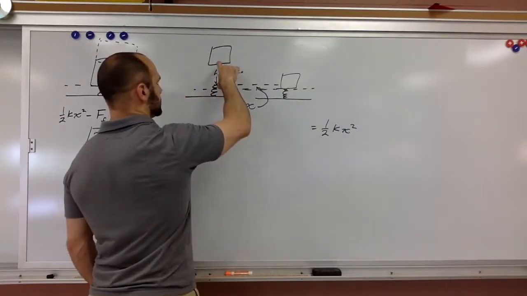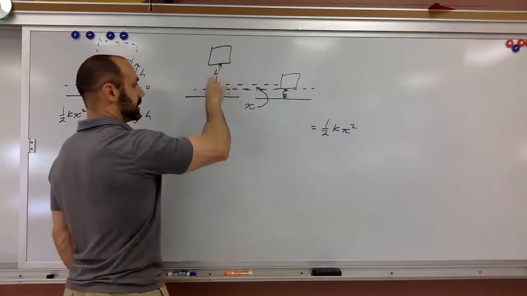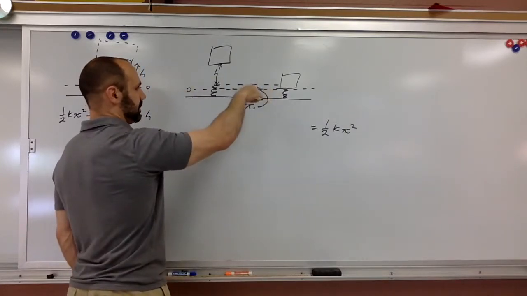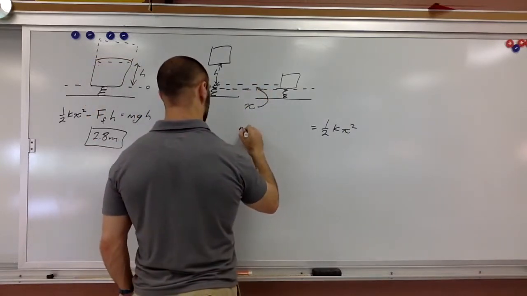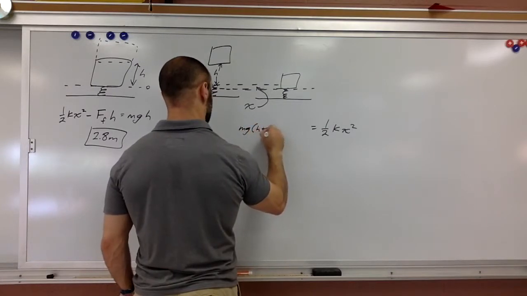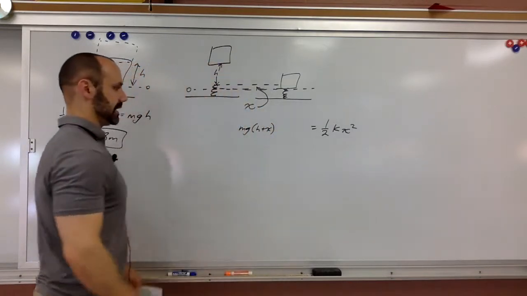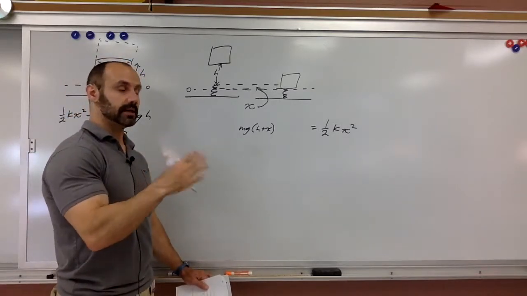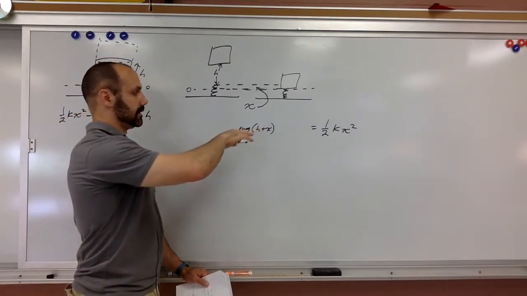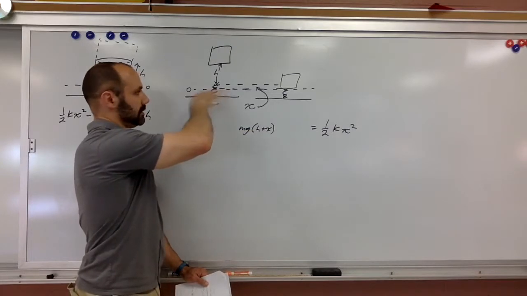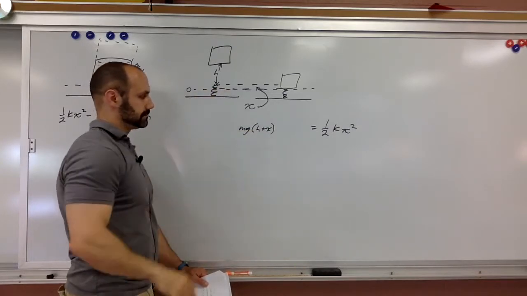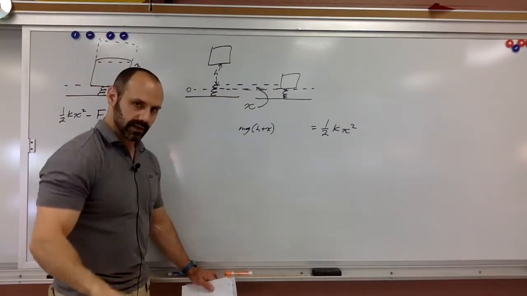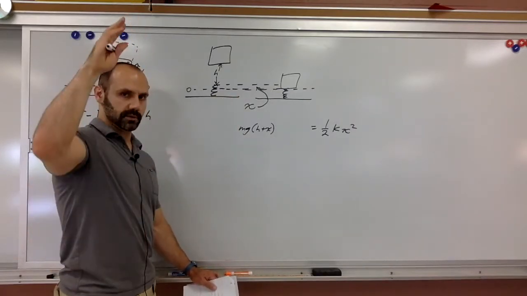That means that this height that I actually have to put in above my datum point is h plus x. So I've got mg(h plus x). This is the potential energy it has at the beginning. Notice we're setting this up different from in part A. Why? Because I've set a different datum. It's not coming to a rest and then springing back upwards.